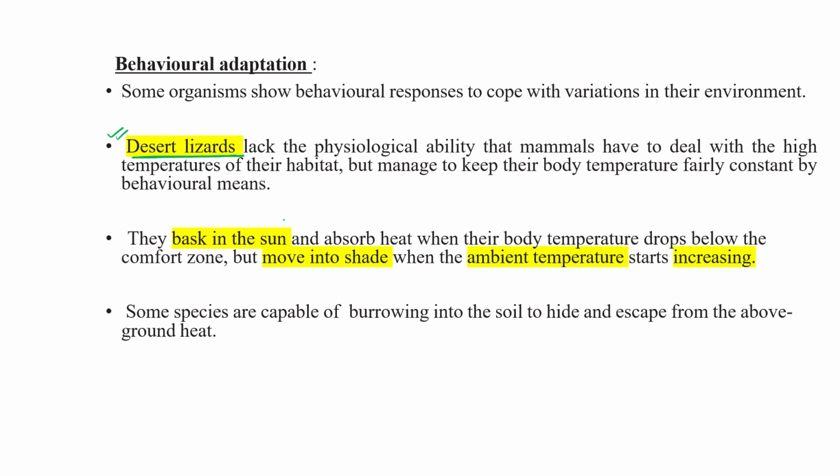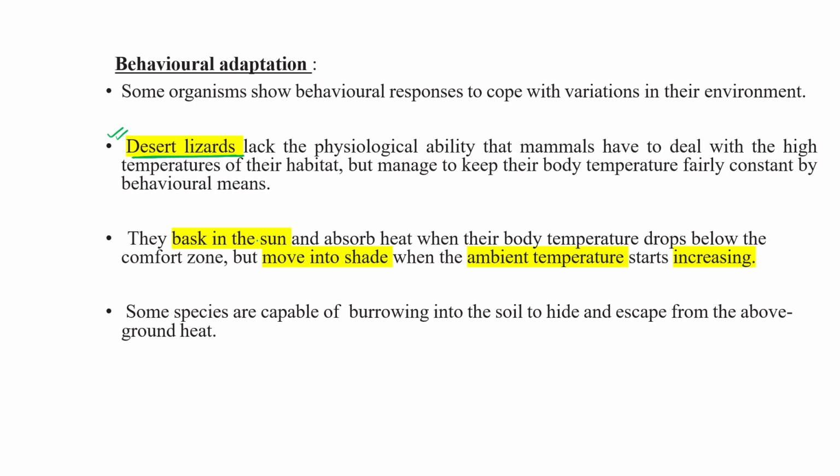Up to a certain limit, they can let their temperature follow the external temperature, but if the temperature rises again, they avoid that area and move into comparatively shady areas to cool down their body.